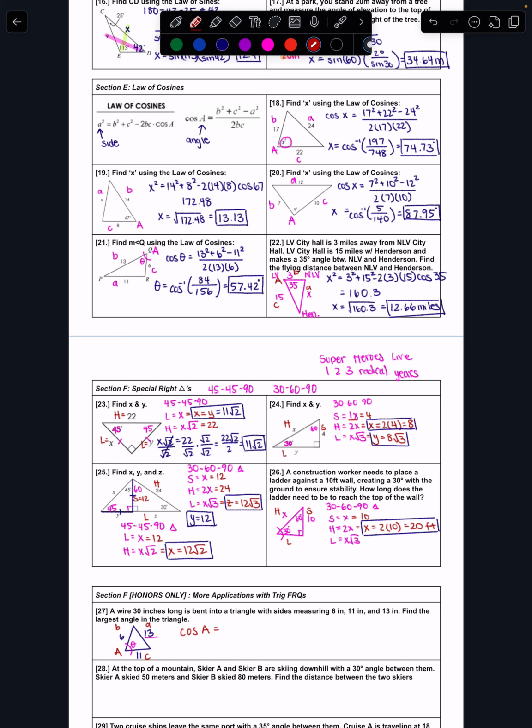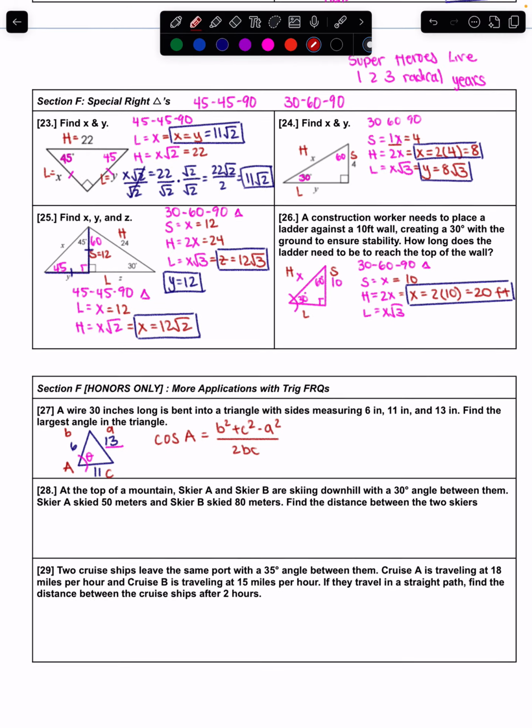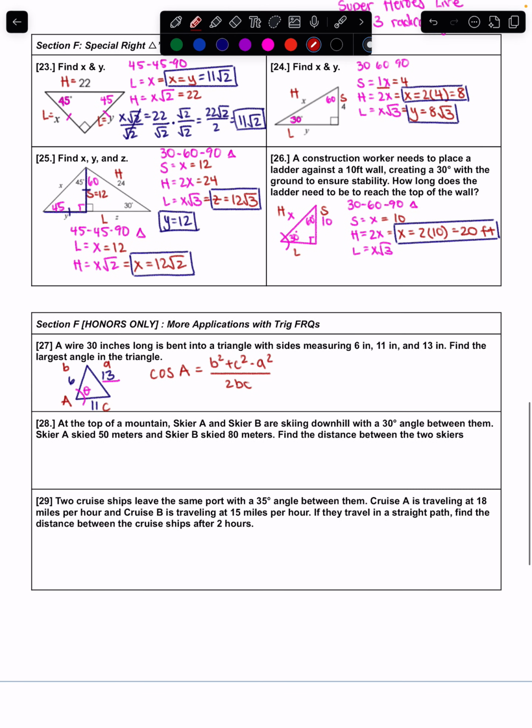Cosine A is equal to b squared plus c squared minus a squared all over 2bc. Okay. So I have my law of cosine that I can use to find what my missing theta is.